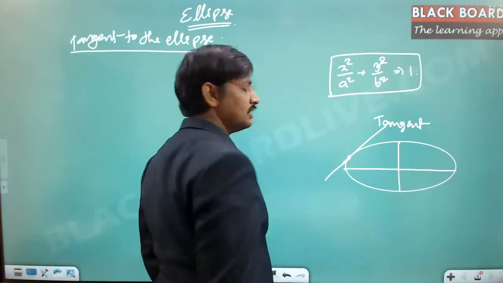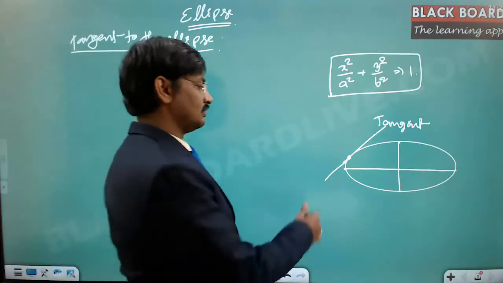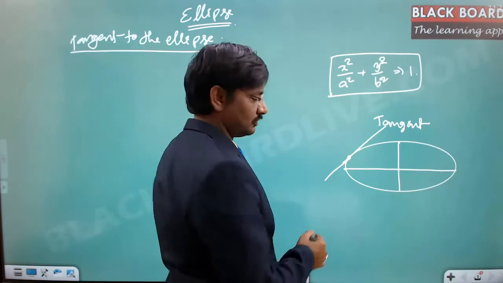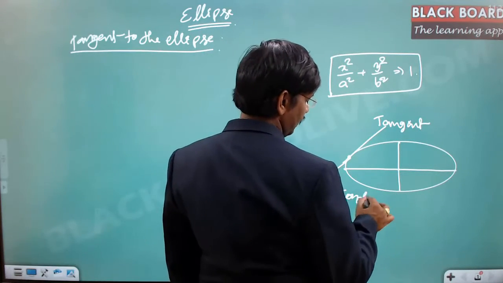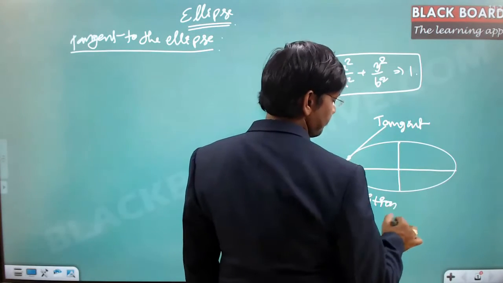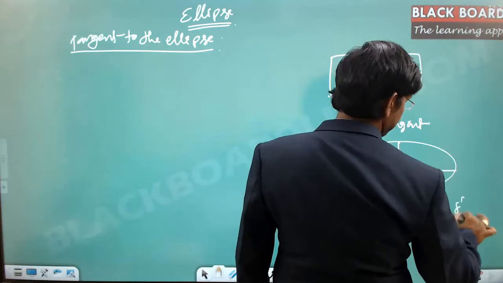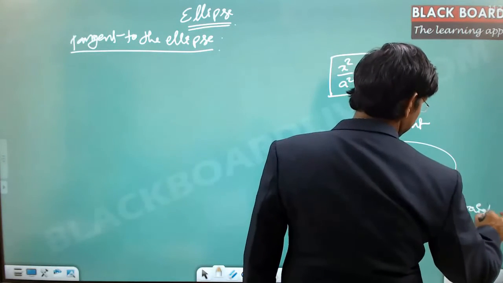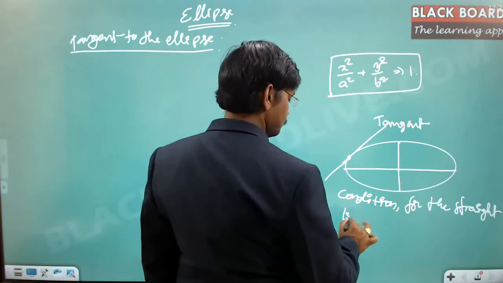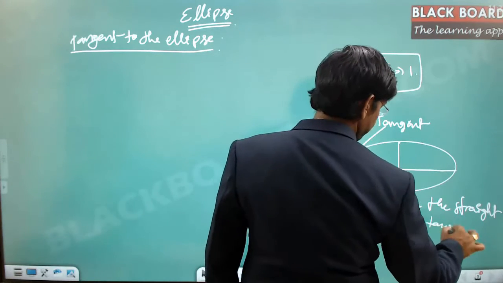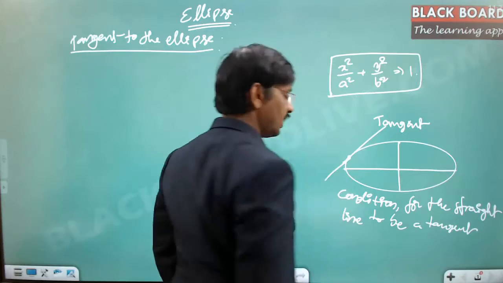For this tangent to exist, we need to derive the condition for the straight line to be a tangent.